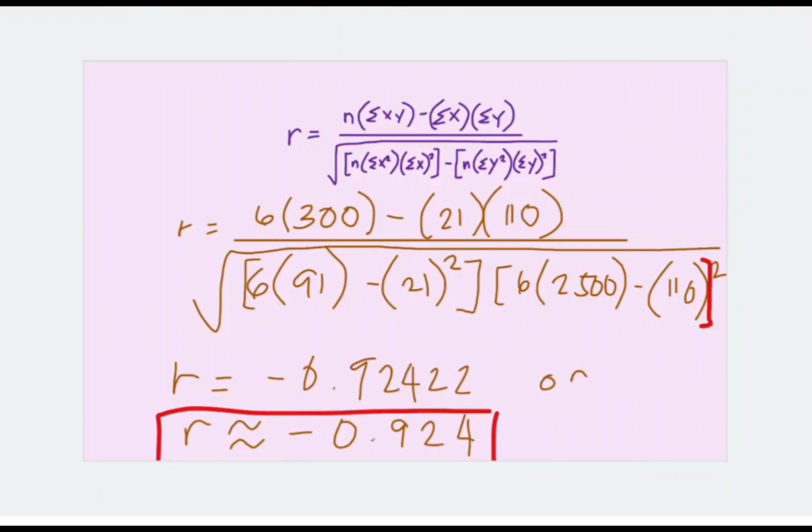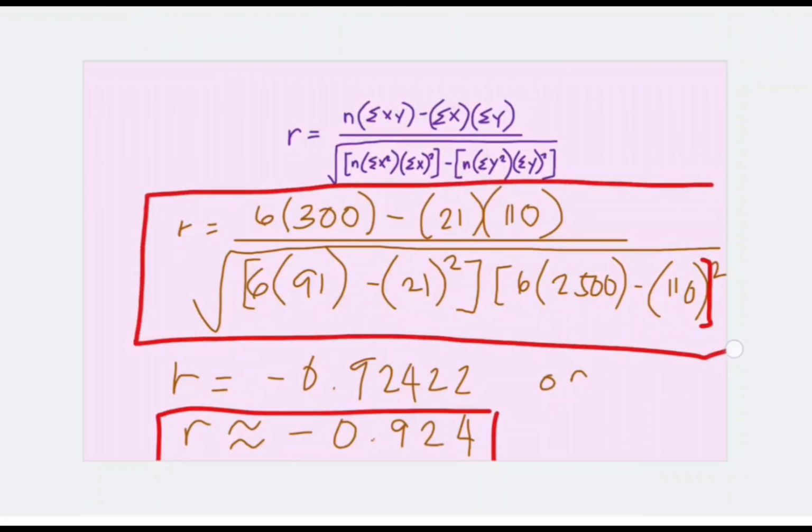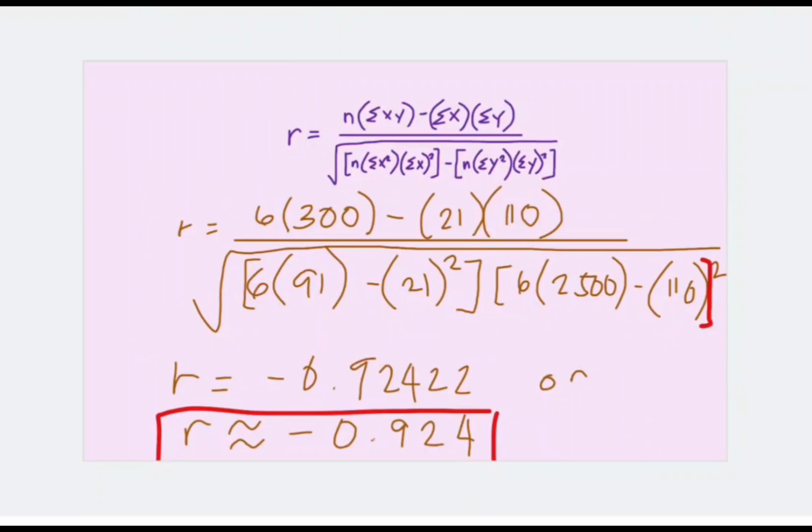Now, the result for these values is negative 0.92422, or approximately negative 0.924. We just rounded off this one to the thousandths place.